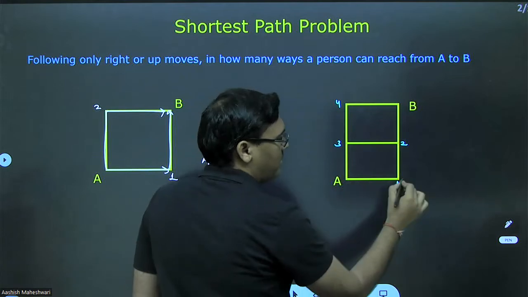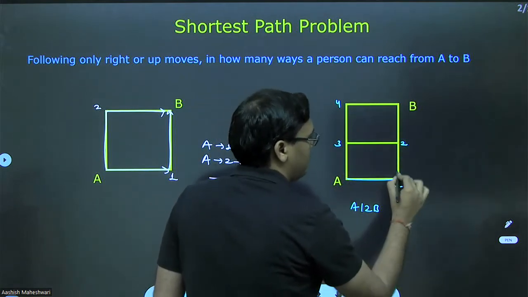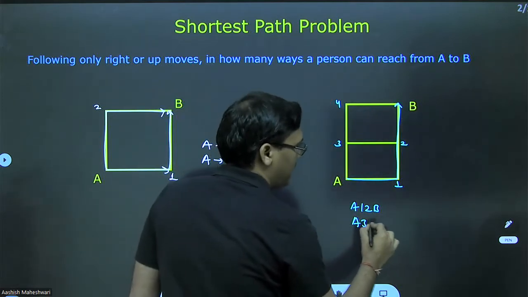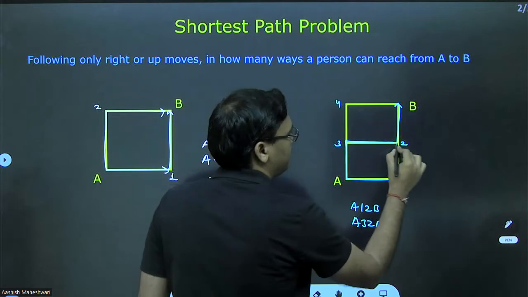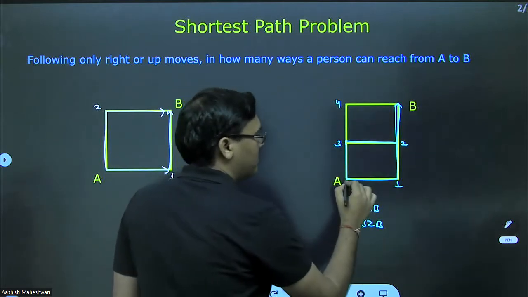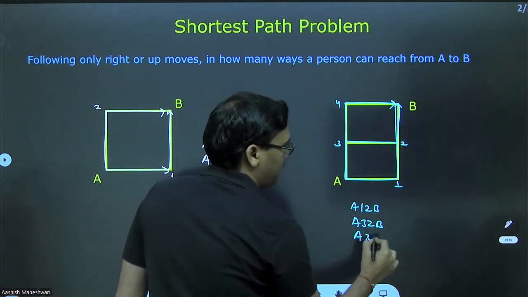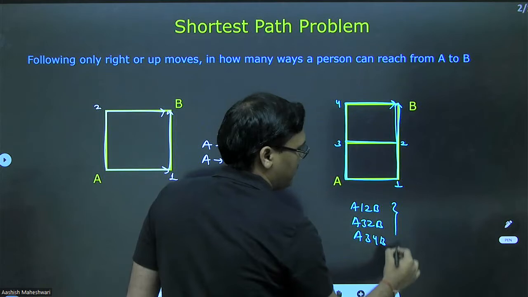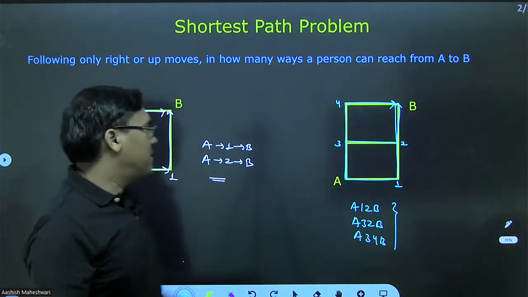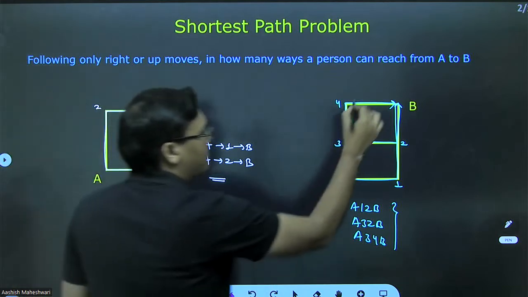One way is A, 1, 2, B. Or we can have A, 3, 2, B. And the third way is A, 3, 4, B. So there are only 3 ways. In the previous case we had two ways, not one way. Here we have 3 ways.